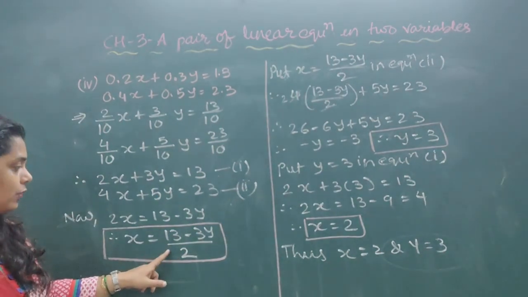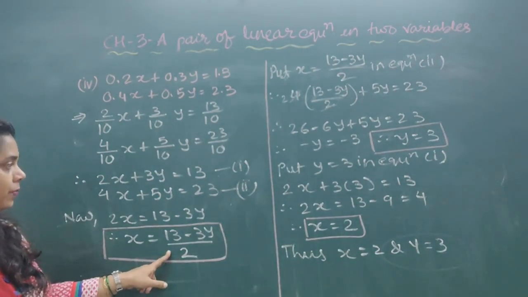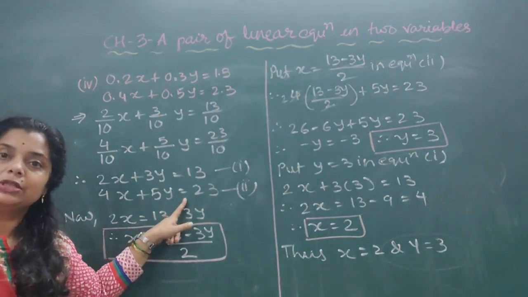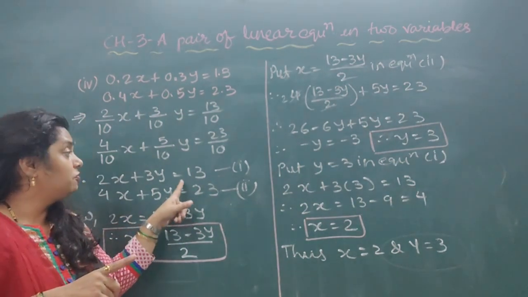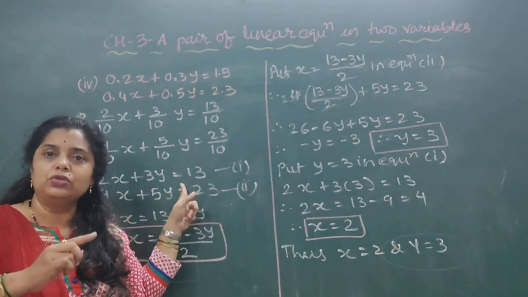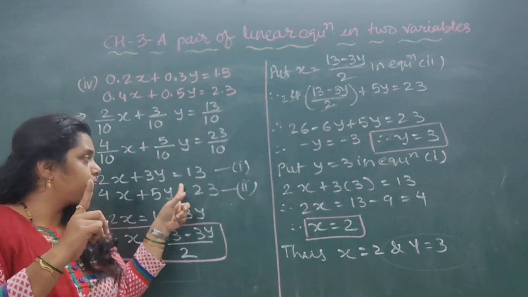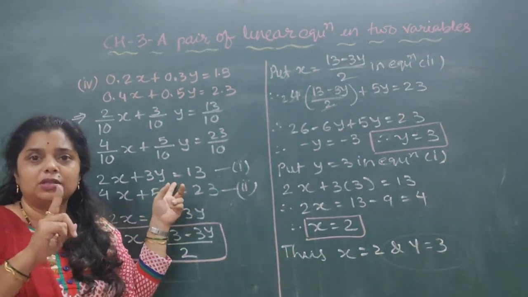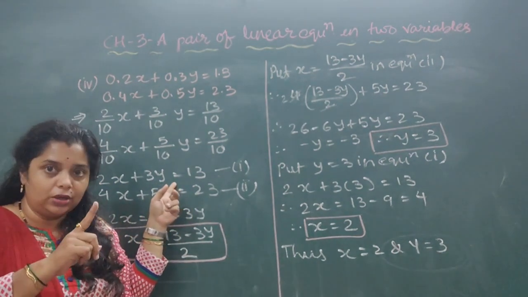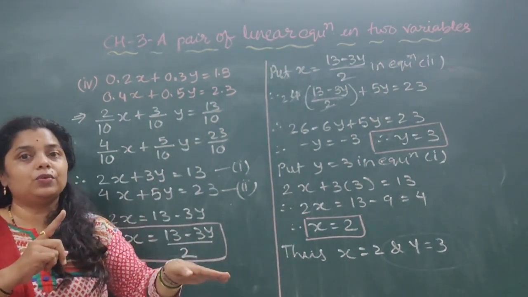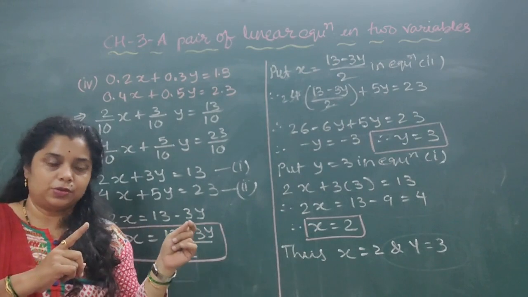Now I have to put this value in the second equation. Why do I have to put it in the second equation? Because the first equation I already used to express x in terms of y. So think about it and remember this point. You can take any one equation to express one variable in terms of another and choose the second equation for the value substitution.